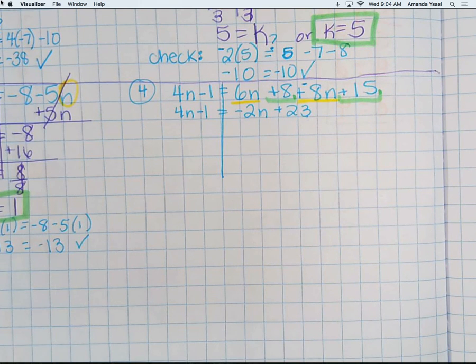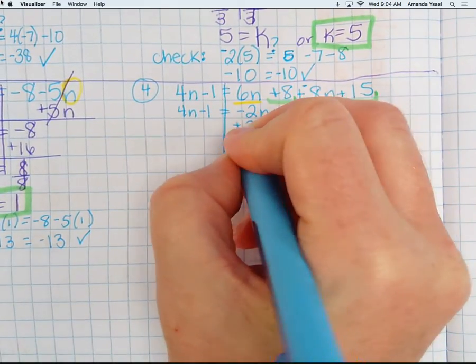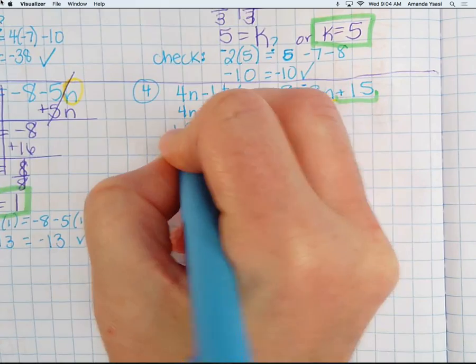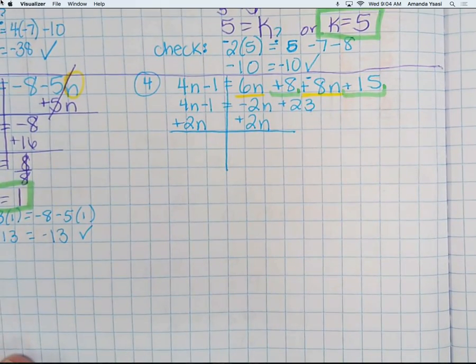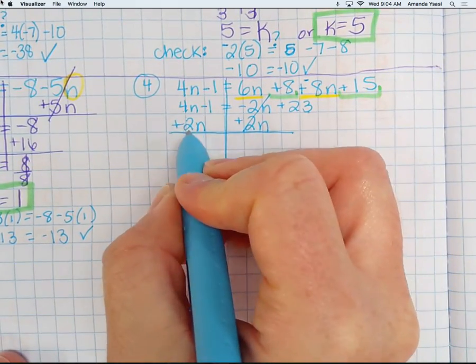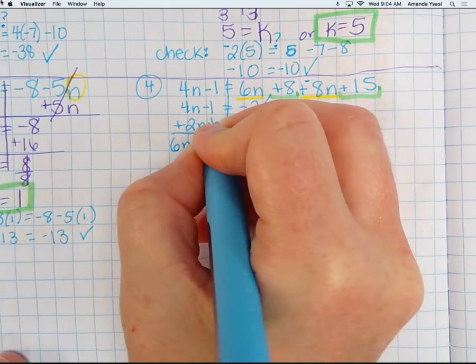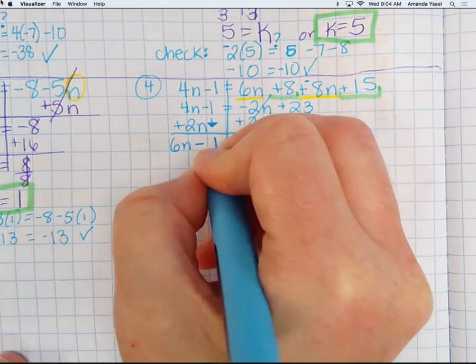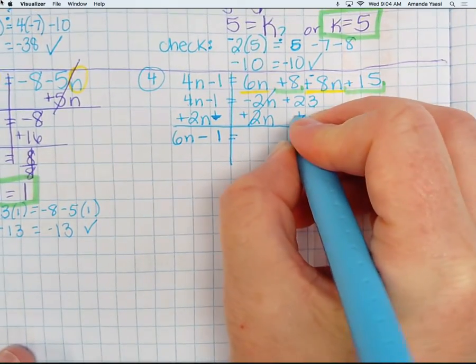I want to move the smaller one. Which one is a smaller coefficient? Negative 2. So I do the opposite of that. So 4n plus 2n is 6n. But don't forget that minus 1 that's still there. And then carry down the 23.